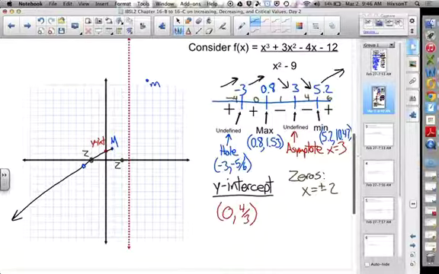Now that I hit my max point, the reason we knew it was a max point is because it changed from increasing to decreasing. So now it's going down, and it's going to go through my zero, and it's going to approach that asymptote.